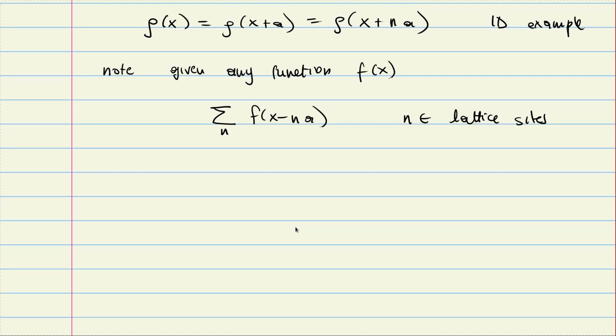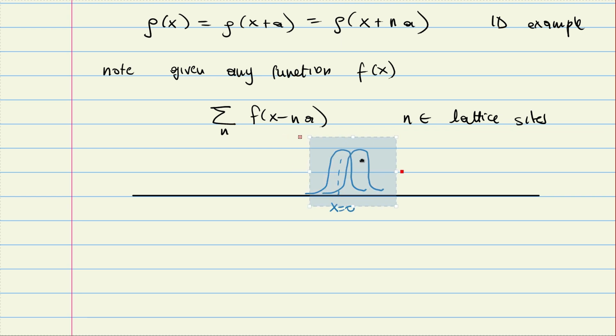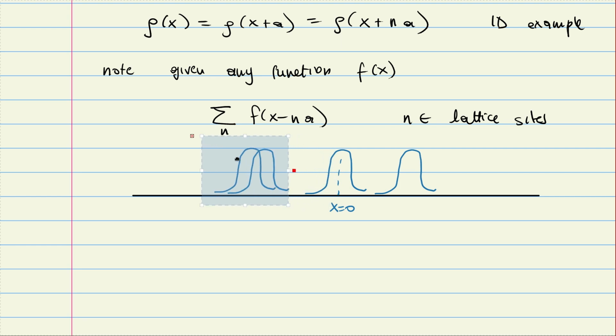Let me illustrate that. Suppose I have this function at some point, let's say x is equal to 0, and we just translate it in all possible ways. The resulting summation, dot dot dot, is going to be periodic.